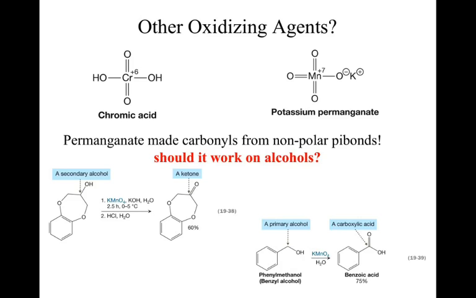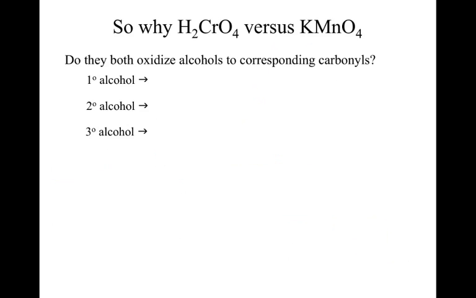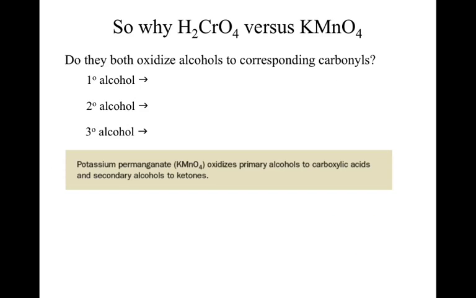Again, carboxylic acids. Why? Permanganate is a stronger oxidizing agent than our chromic acid. Okay. There's another big issue with our chromic acid, is that even though it does work and it does fully oxidize, what do we kind of expect out of this?